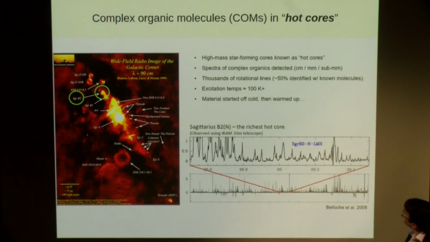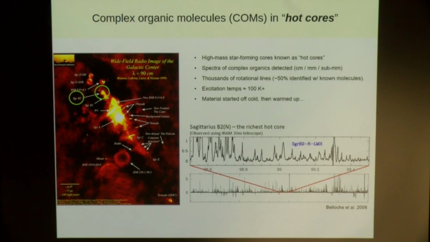In particular, there is a core within that called Sagittarius B2 North, and this really is the richest star-forming source. We give these chemical-rich star-forming sources a particular name. We call them hot cores. They're hot in the sense that they have molecular excitation temperatures of about 100 Kelvin, or typically somewhat more than that, and they're also cores.